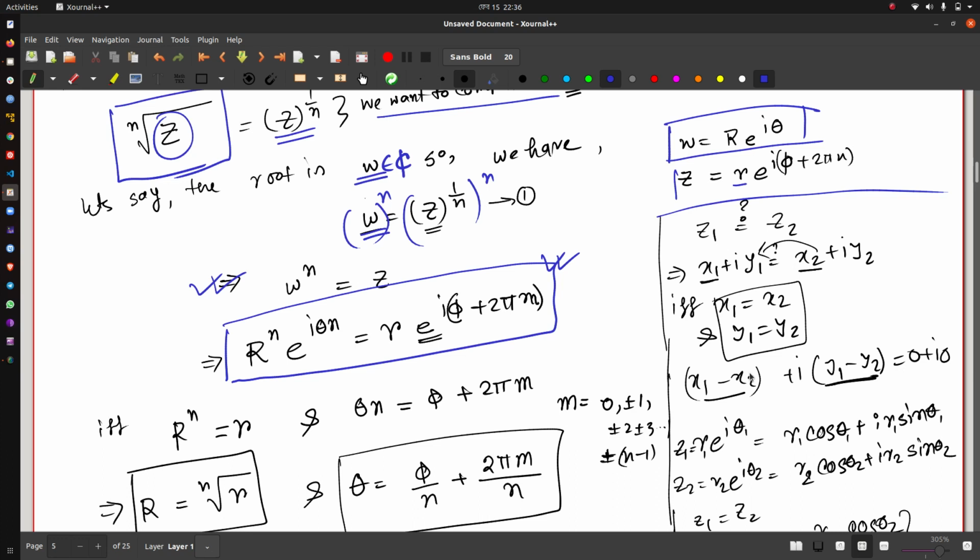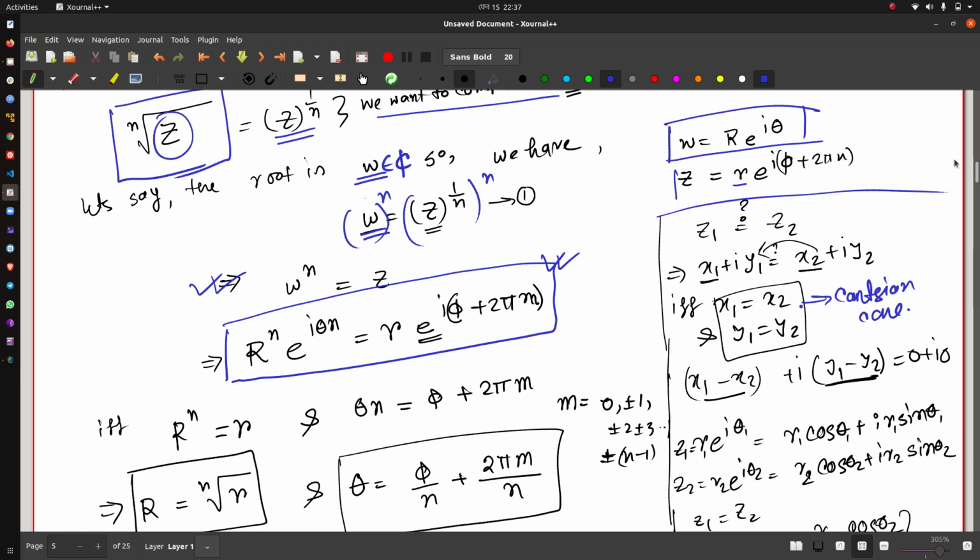Otherwise it's not. You can easily see it from the graph that if you just take x1 minus x2 equal to 0, and if you take y1 minus y2 not 0, you would still get an imaginary number, which is also a complex number with a real part being 0. That's why both of them have to be 0 simultaneously, right? So this is the Cartesian case.